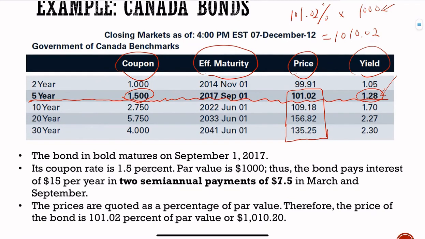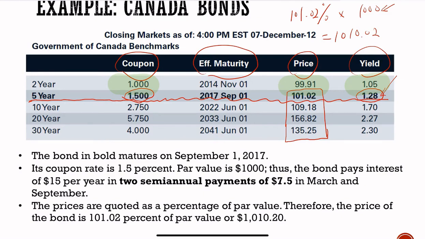You could also compare this 5-year bond to the 2-year bond. You can see that the interesting result is that here the coupon rate is actually smaller compared with the yield.